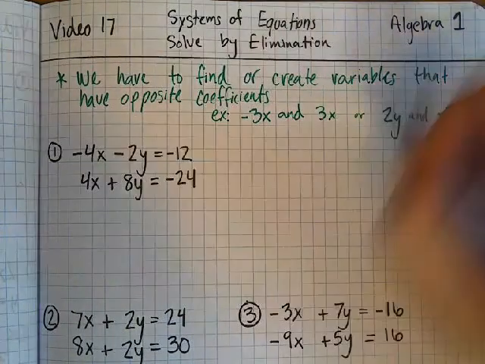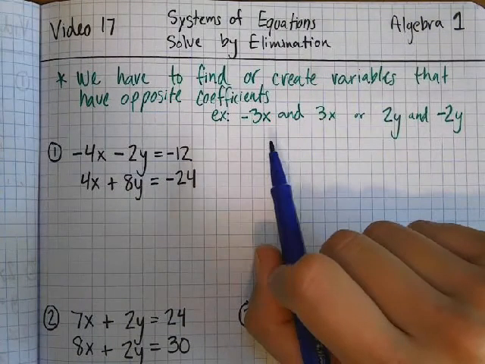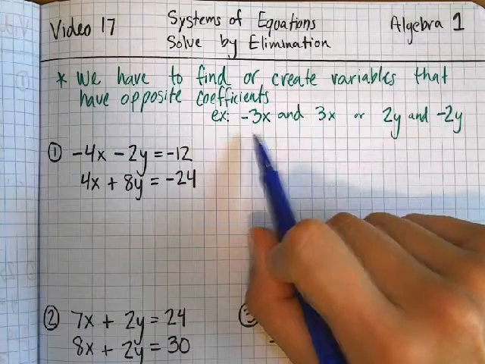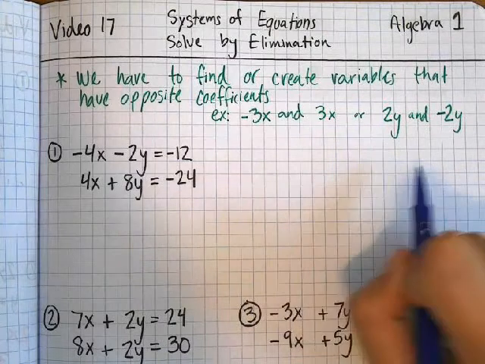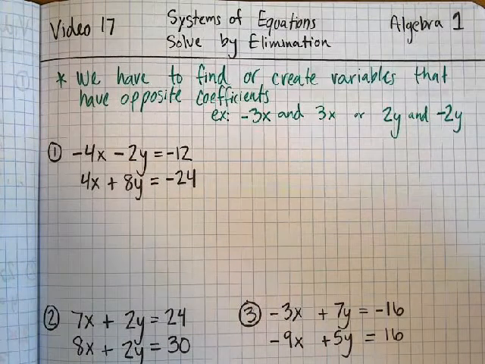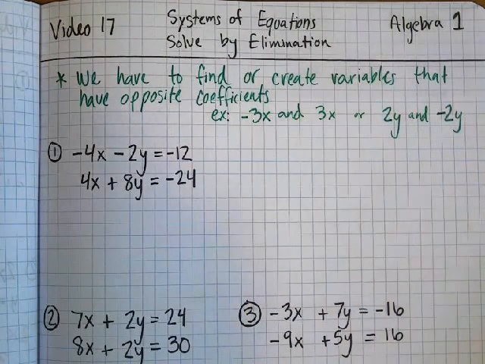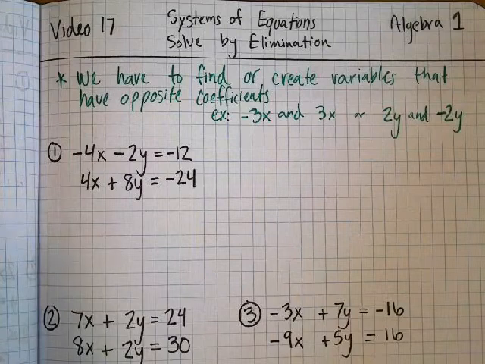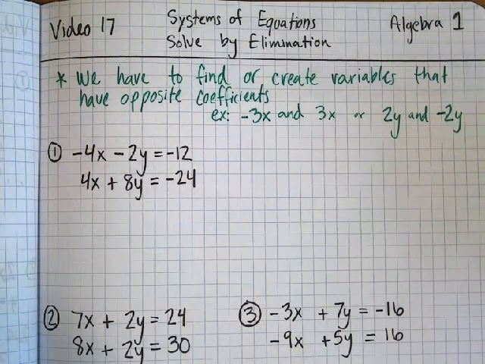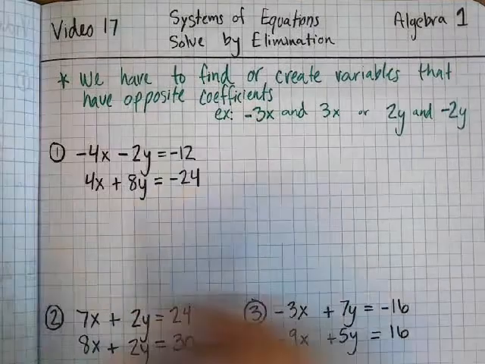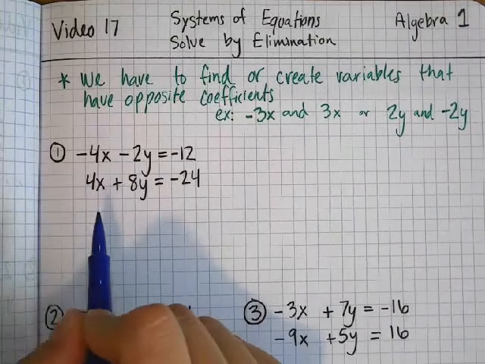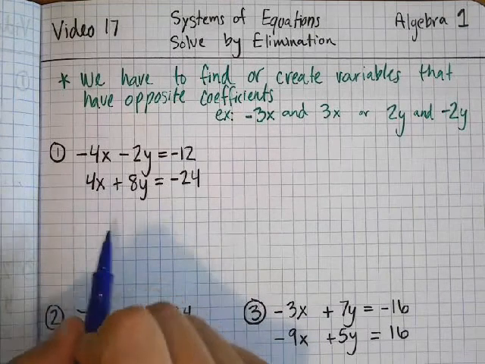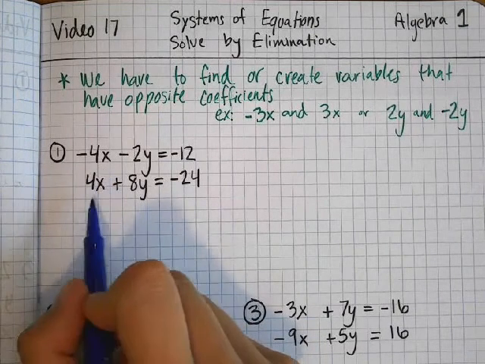So for example, in our two equations, we want to have maybe a negative 3x and a 3x, a 2y and a negative 2y. Something so that when we add our two equations together, we eliminate that variable. So if we're looking at our first example, here I've got a negative 4x and a positive 4x.